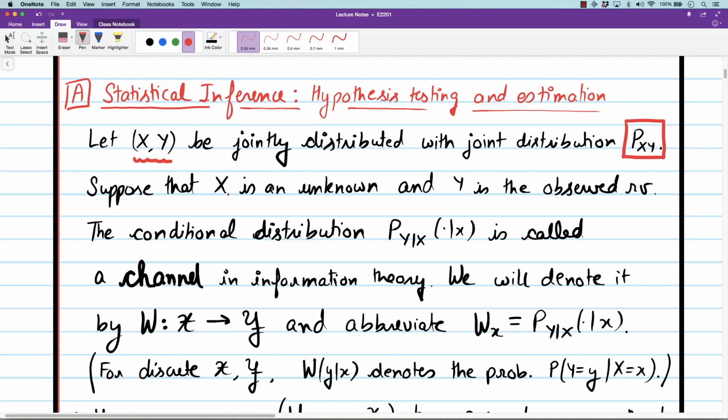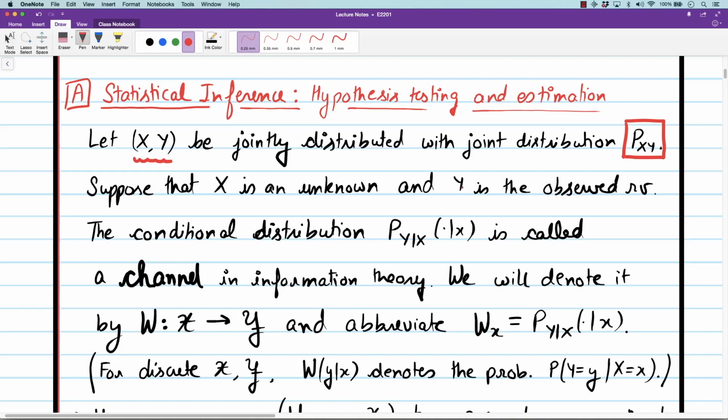You can think of some example where x corresponds to some binary random variable like a class, and y corresponds to something that you see about it. For a very concrete example, which is quite important in practice, you can think of the problem where you want to predict if a particular user will click your advertisement or not.